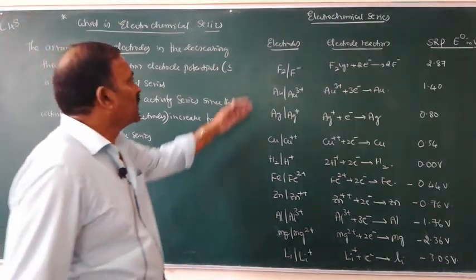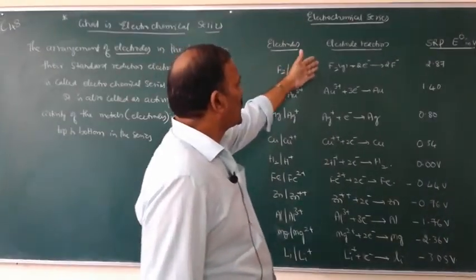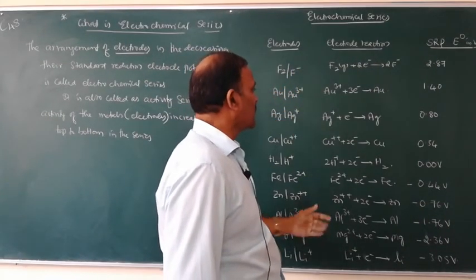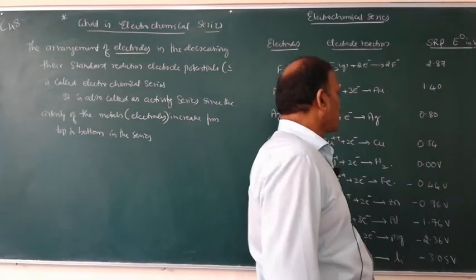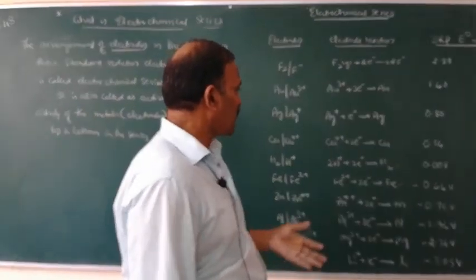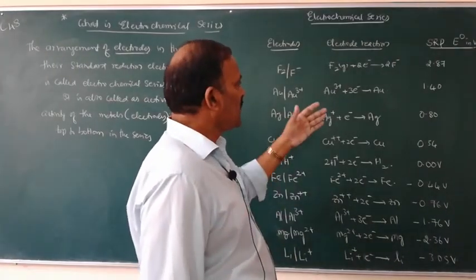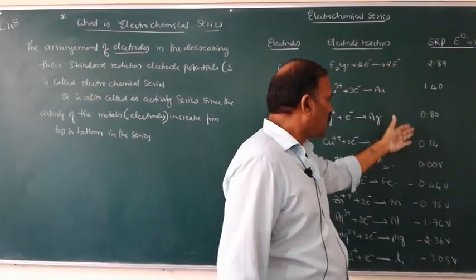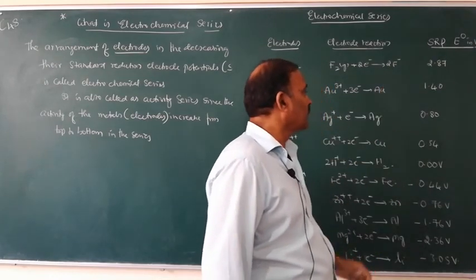So these are the different electrodes, these are the different reduction electrode reactions, and these are the reduction electrode potentials. There are so many electrodes, I have mentioned only a few. These electrodes are arranged in the decreasing order of their reduction electrode potential from top to bottom.